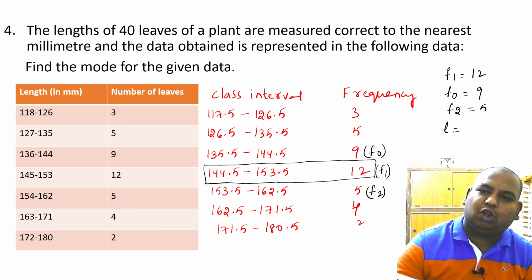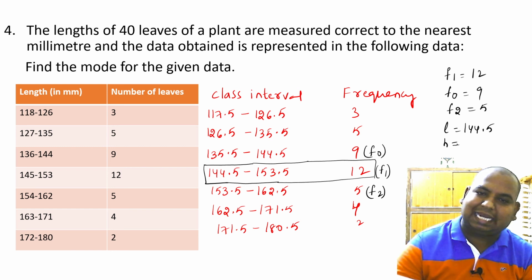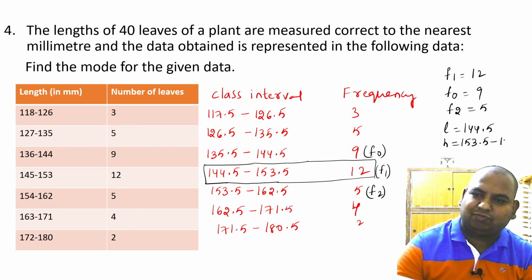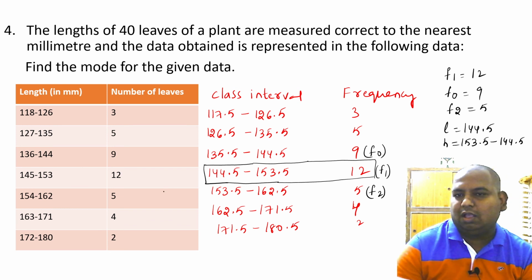L is the lower limit of the modal class, that is 144.5. What about h? h is the class size. How to find class size? Upper limit of modal class minus lower limit of modal class. 153 minus 144 will be equal to 9.